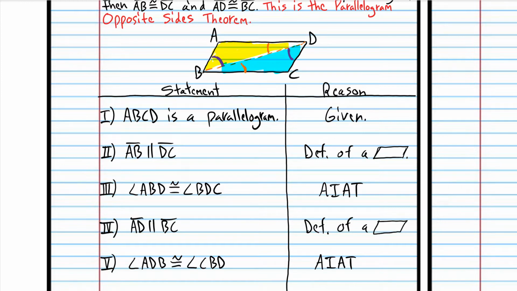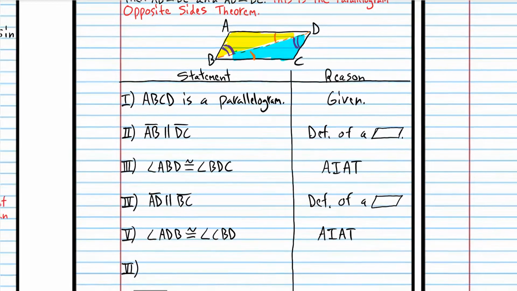So we showed that the purple angles, and I should probably use a double arc for some of these. I'm going to use a double arc for the purple. So we showed that the double arc purple angles are congruent and the single arc orange angles are congruent. But we also know that BD is congruent to itself. The auxiliary segment, BD, is congruent to itself.